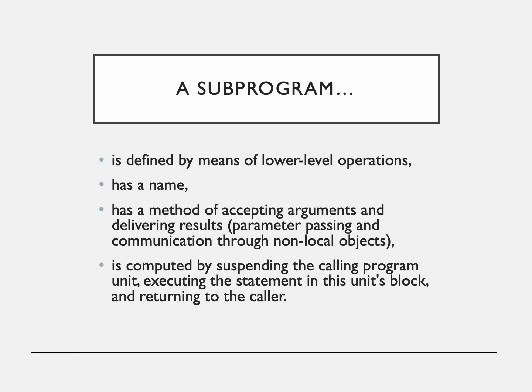Next, when a subprogram is called, the normal flow of the program is suspended. Now the execution context shifts to the subprogram, where it runs its encapsulated statements. After completing its tasks, control returns to the point of invocation, often with a result.